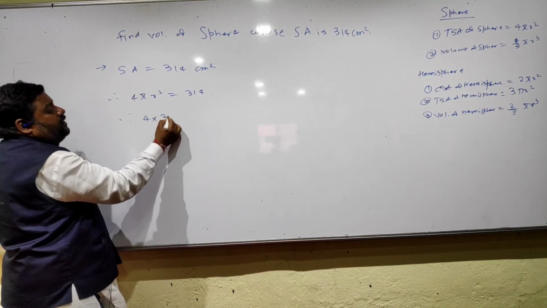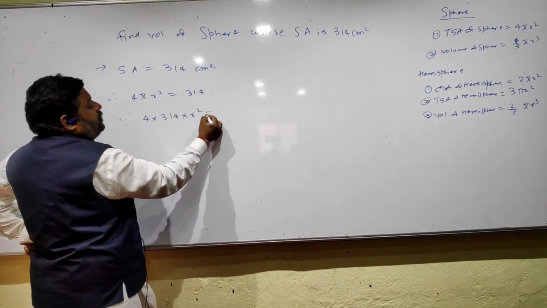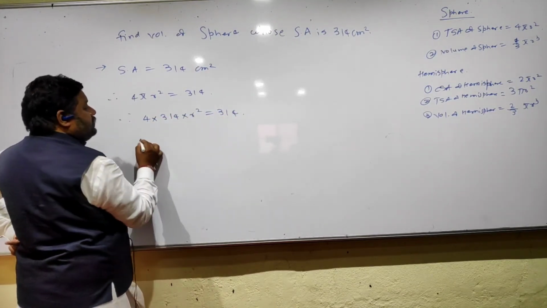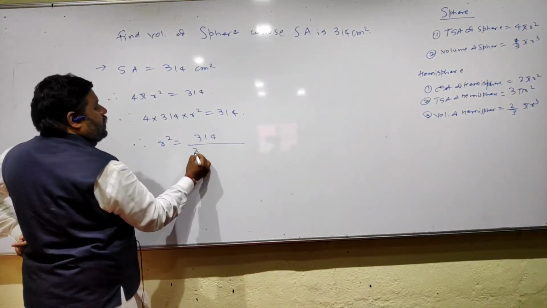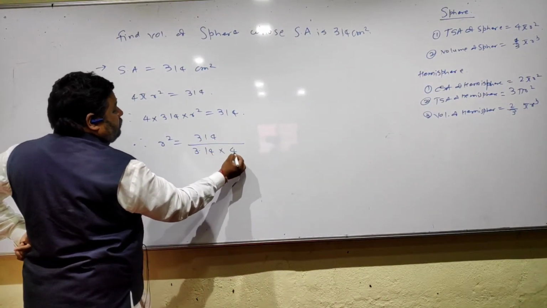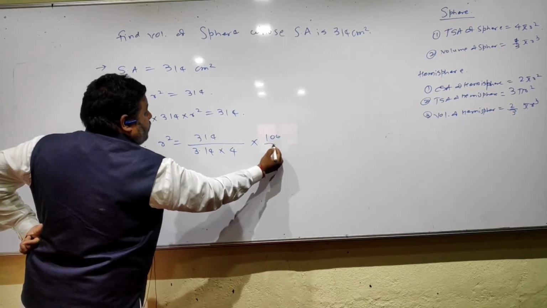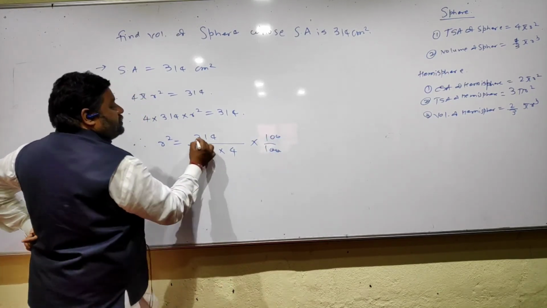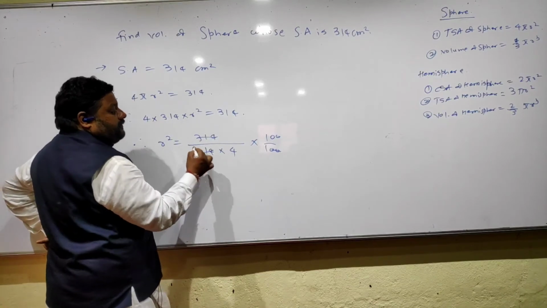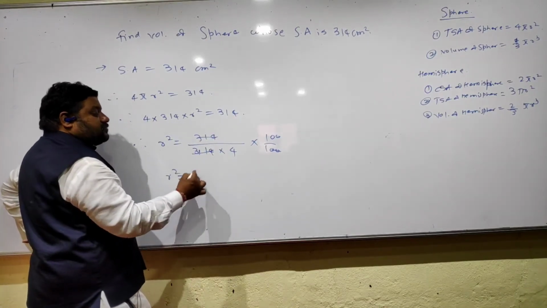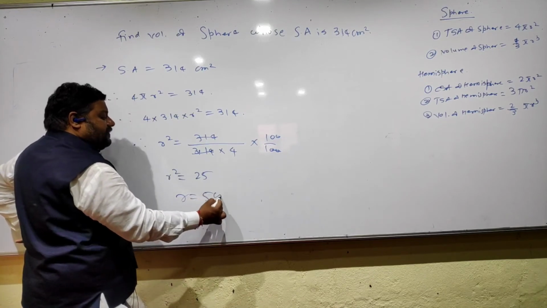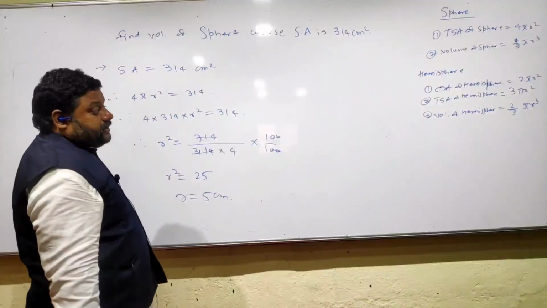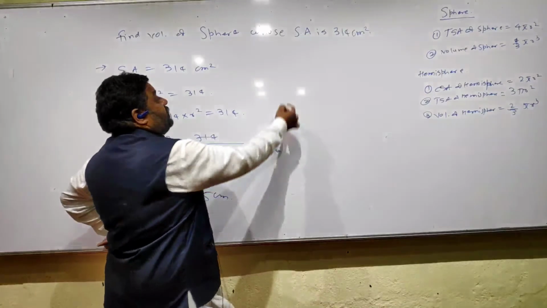Hence 4 into 3.14 into r square is equal to 314. Hence r square is equal to 314 upon 3.14 multiplied by 4. We multiply by 100 by 100, the 0 0 cut here, 314 cancels. r square is equal to 100 by 4, that is 25. Hence r will become 5 centimeter.